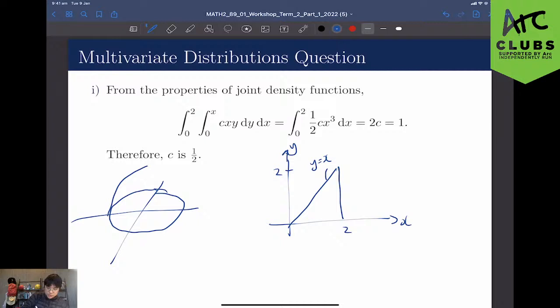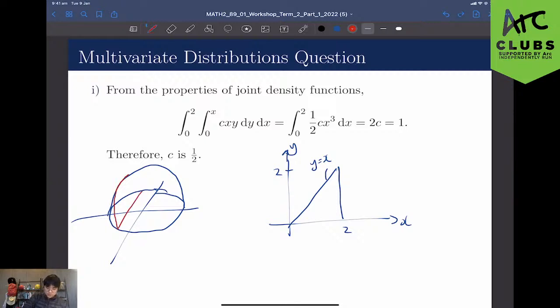For example, if you wanted to find the volume under a hemisphere using double integration, first you're going to take slices. You can pick slices in two ways, but you can pick slices vertically.